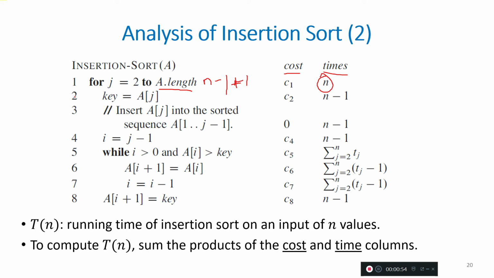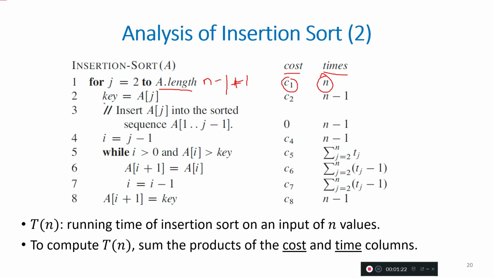Now instructions 2 to 8 are inside the for loop. So each one of these instructions would run one time less than the number of times the for loop is executed. The cost column is the fixed value which is associated to each instruction as per our assumption. So instruction 1 has a fixed cost of C1.